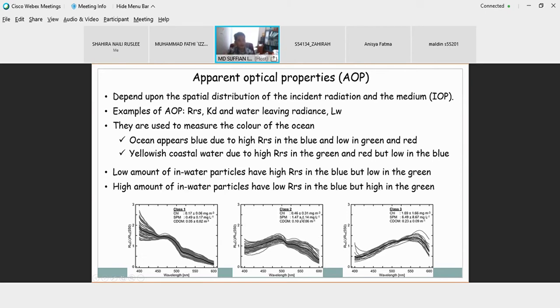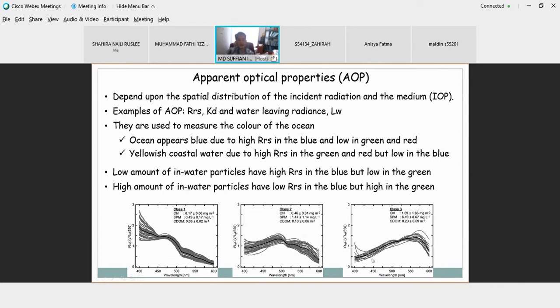Chlorophyll kalau nampak kat sini, chlorophyll dia meningkat 0.46, SPM juga meningkat 1.5, sediment juga meningkat. So bila partikel meningkat, dia punya optical properties in terms of reflectance curve, magnitude and shape dia juga akan berubah.